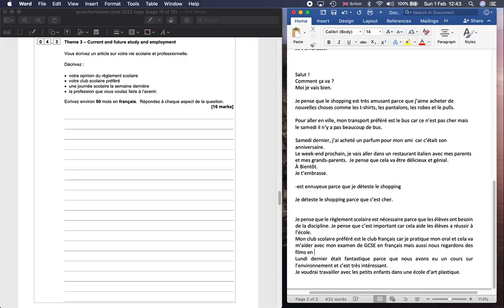Des films français, French movies. Des films français. Voilà.